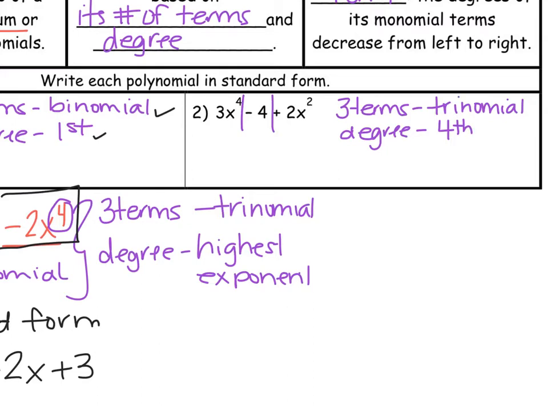So if we want to put it in standard form, we look at the term with the highest exponent, and that would be 3x to the fourth. The next term with the next highest exponent is plus 2x squared, and again, constants go last.